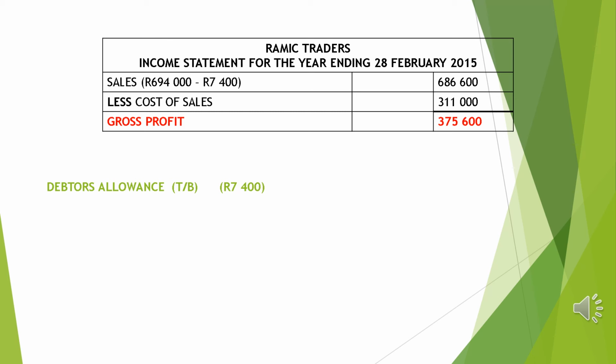Now, just to recap a bit, if you are using a periodic inventory system, you will need to calculate the cost of sales, and the formula is as follows: opening balance plus purchases plus carriage on purchases minus your returns plus your import duties minus your closing stock.